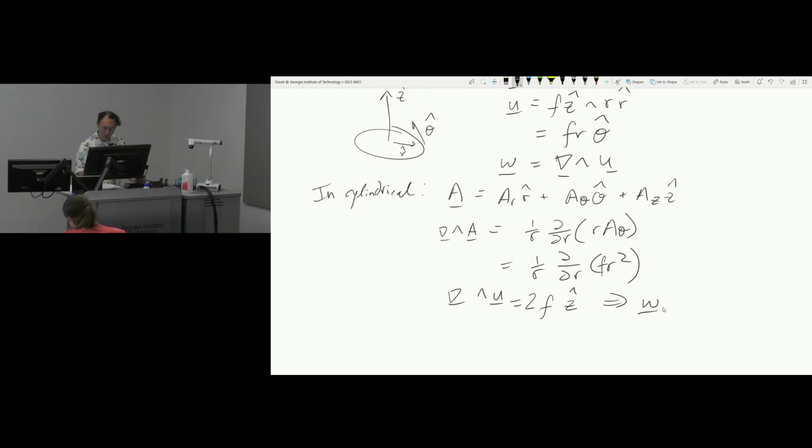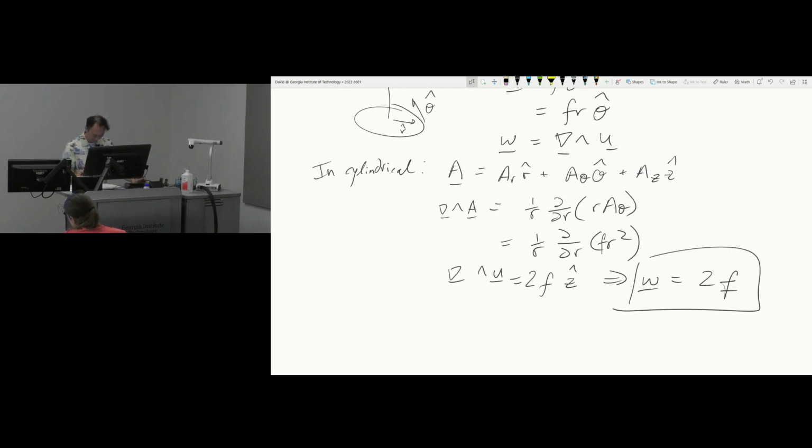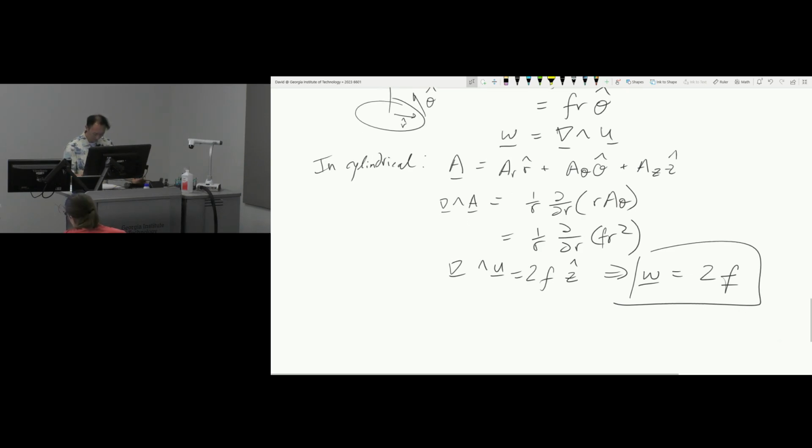So in other words, omega is 2 times F, which is kind of what we had before. We had basically that you've got some spin, and your vorticity is basically twice the spin. What we had before was 1/2 omega cross r is r dot big omega.